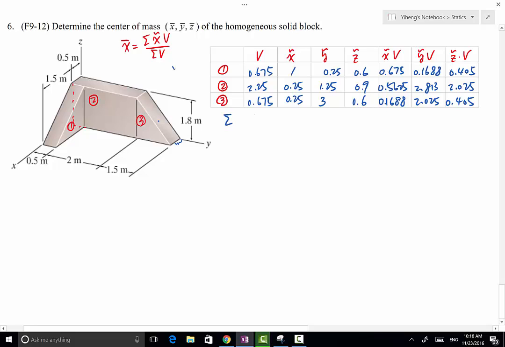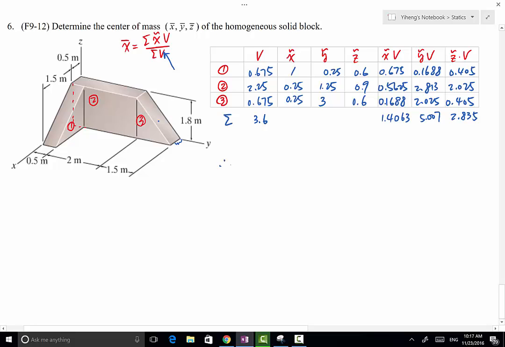That's what goes into our denominator. So that's going to be 3.6. And then add up x tilde v, 1.4063. Add up y tilde v, 5.007. Add up z tilde v, 2.835.